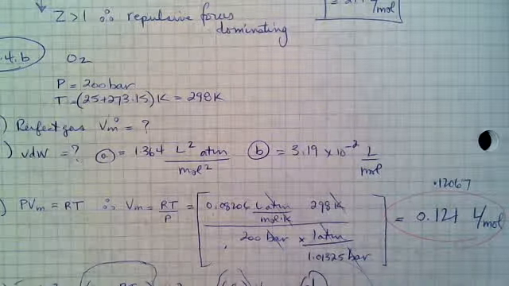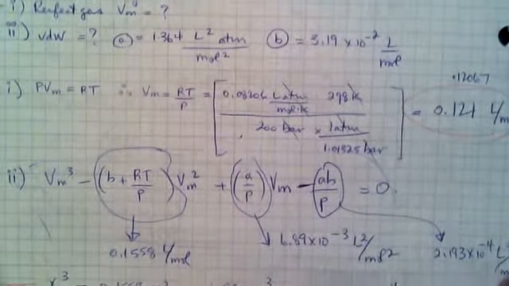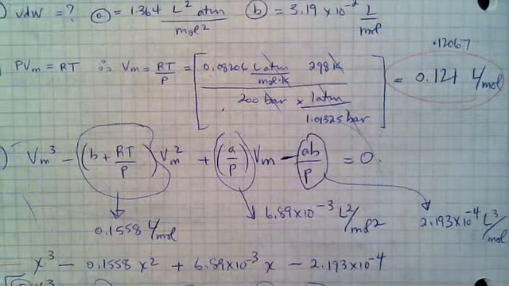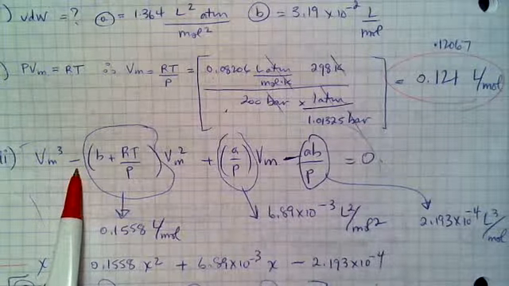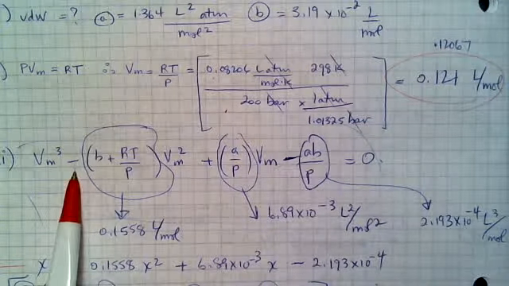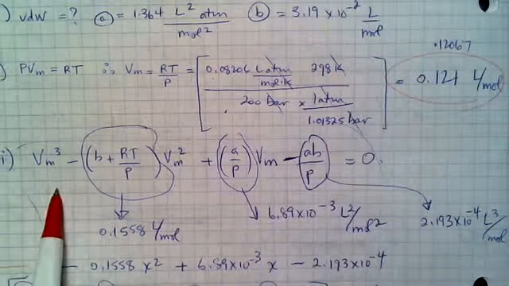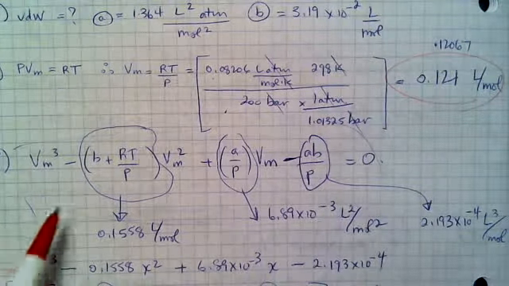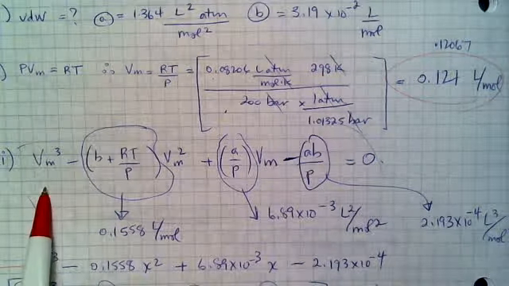Then for 2, what is the van der Waals? This is a little bit messy because this is the copy I used just for me, for grading. But here's my cubic equation. Know that you don't have to memorize this, and this won't come at you on a test, but it's totally feasible for an assignment because we used to write little programs to solve these.